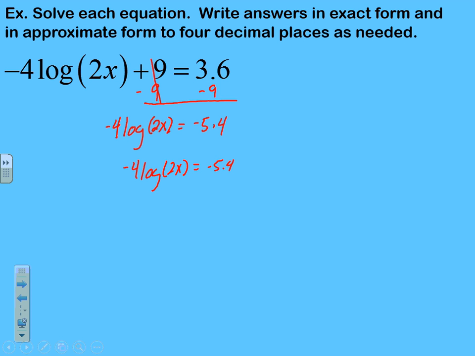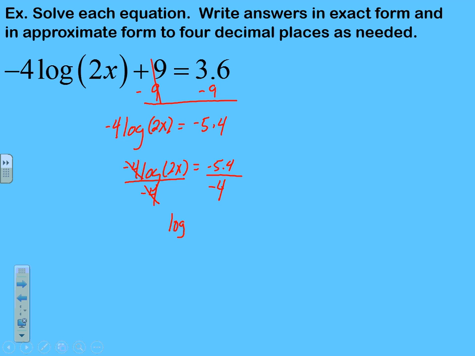I just don't want to write everything as one long continuous problem. Let's show what we're doing at each step. Since the -4 is being multiplied to the log, we divide everything by -4, and on the left side, -4 divided by -4 is just 1.